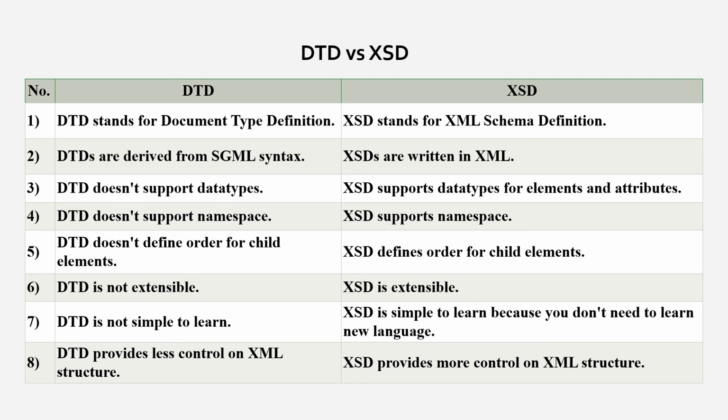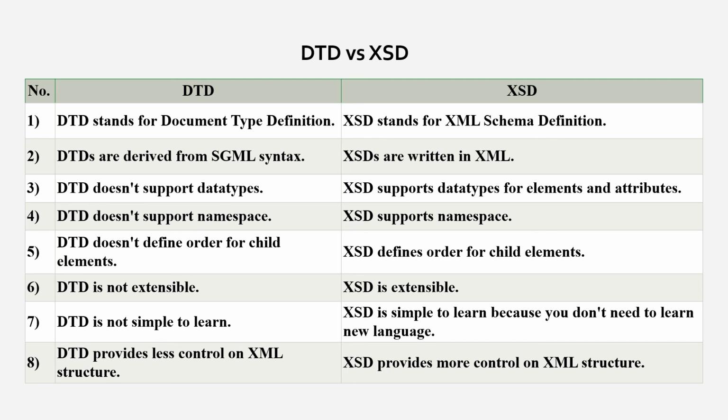Now we are going to discuss the differences between document type definition and XML schema definition. Document type definitions are defined using non-XML syntax, whereas XSDs are written in XML.